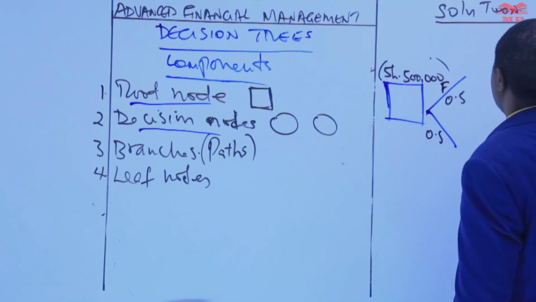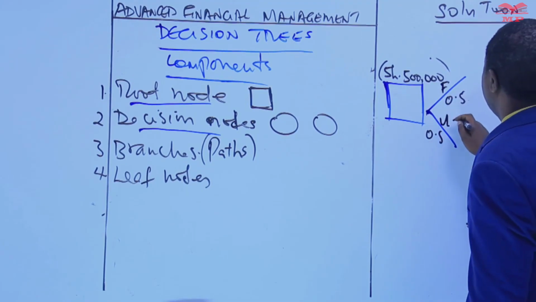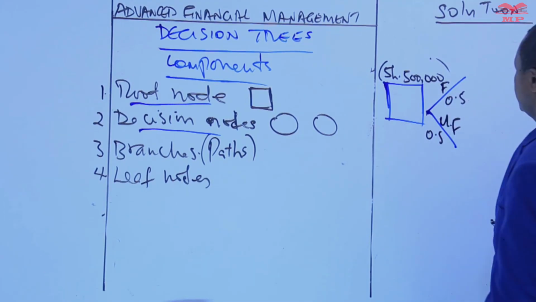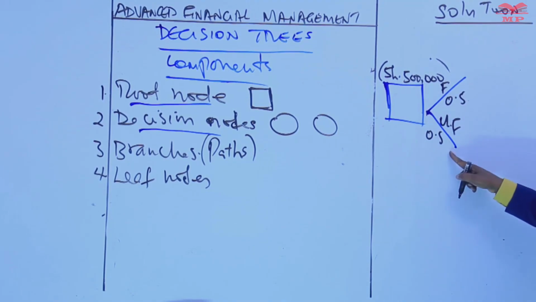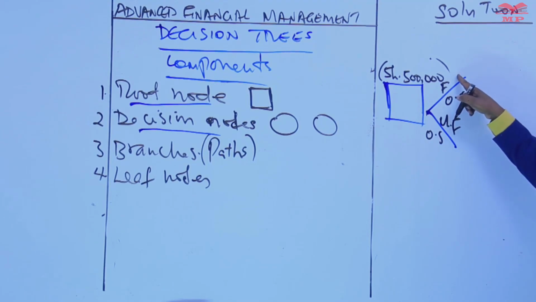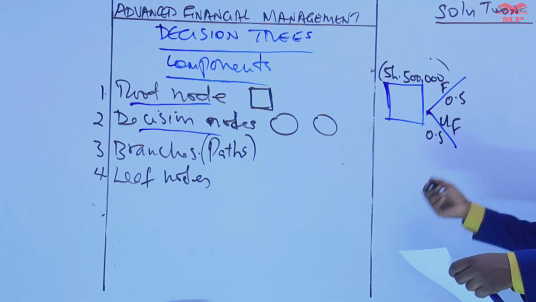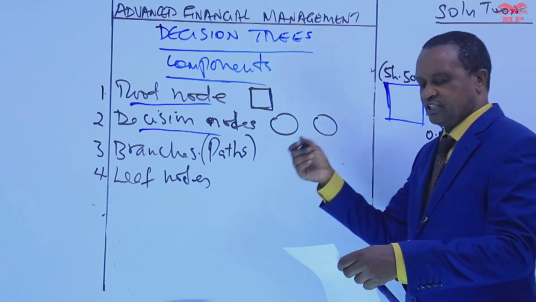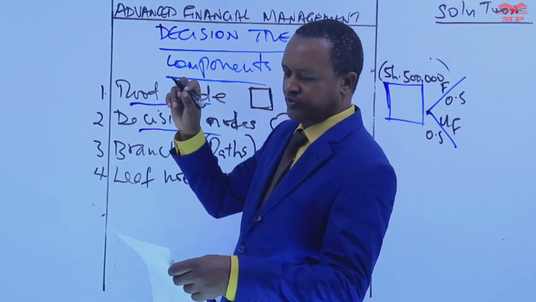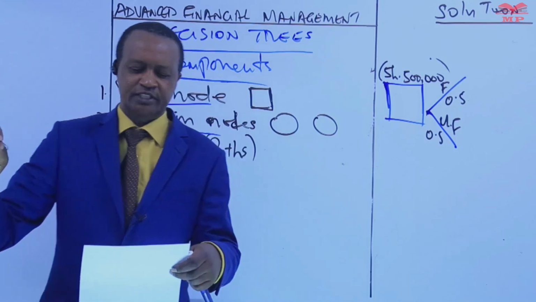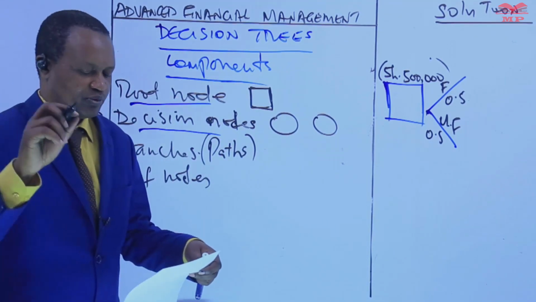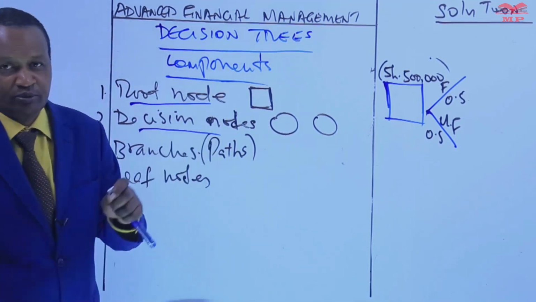Favorable, unfavorable. There is 50% probability of favorable market and 50% probability of unfavorable market.